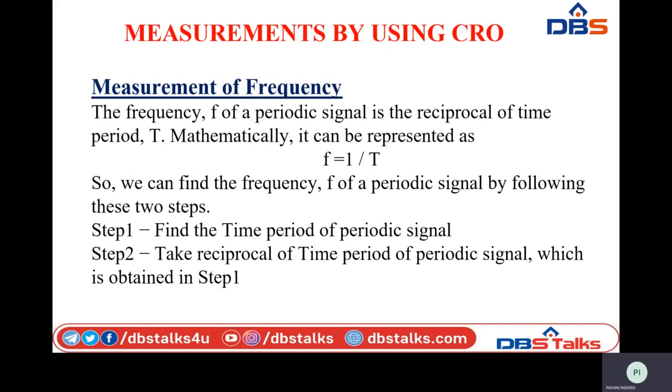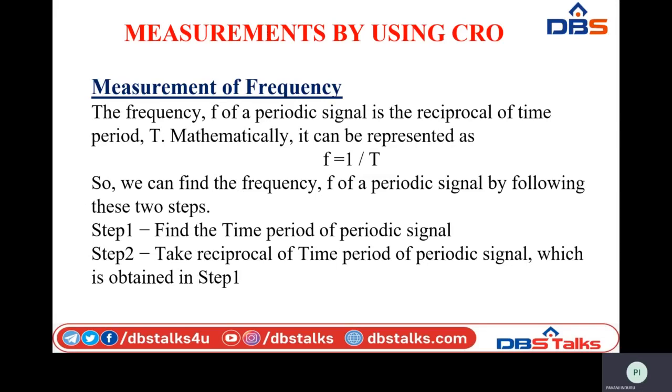Now measure the frequency also. As the time period and frequency are related, frequency is the reciprocal of the time period. Mathematically, F = 1/T. We can find the frequency by following two simple steps. First, note the time per division, and then find out the number of divisions covered on the horizontal section.